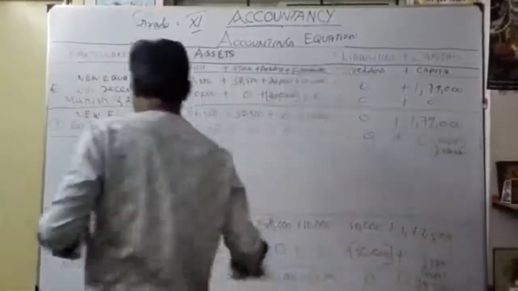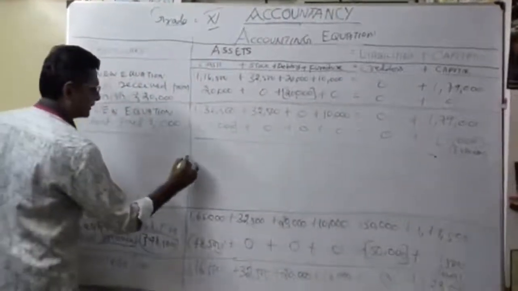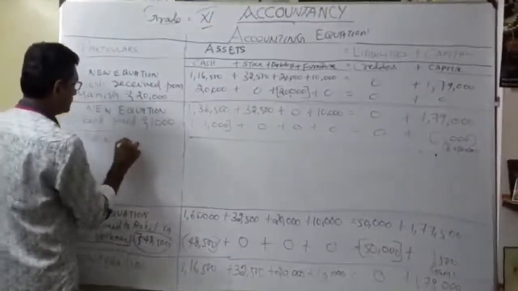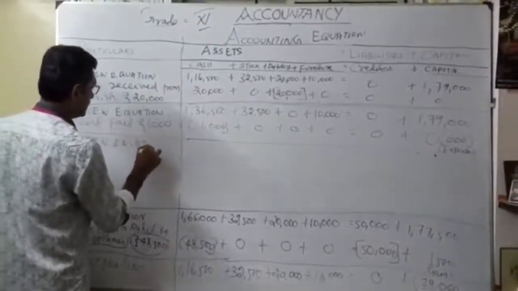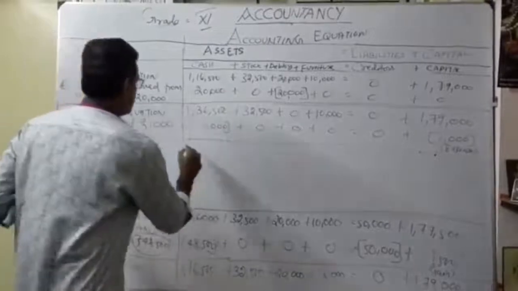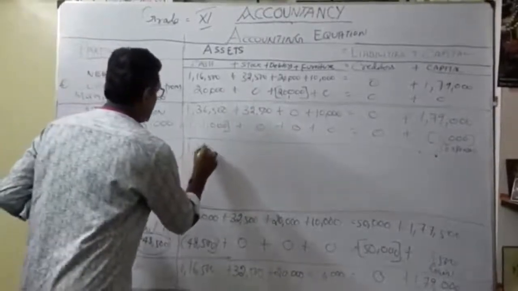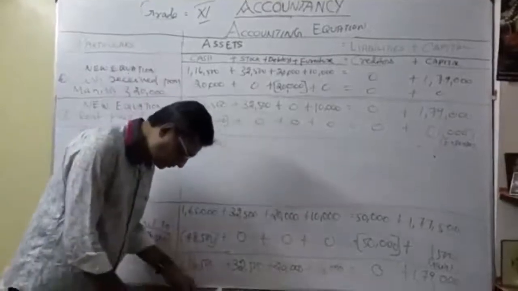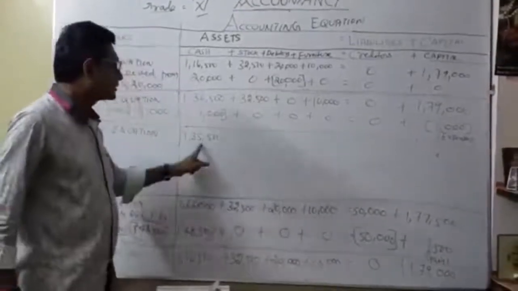The new equation. So every time we have to write a new equation. How much? So 1,36,500 now becomes 1,35,500. Correct. That's the cash right now.